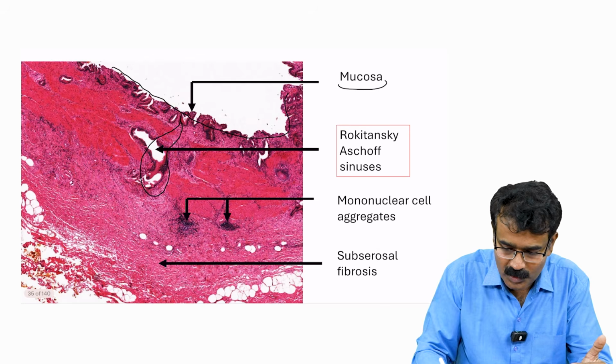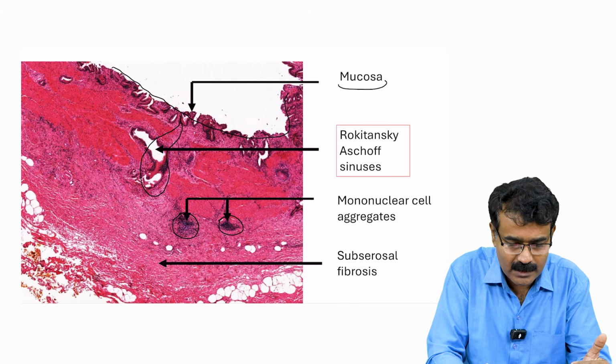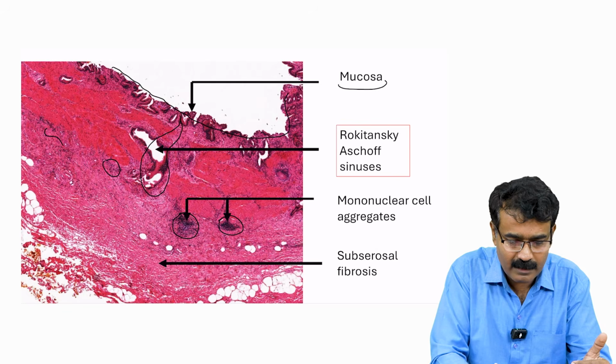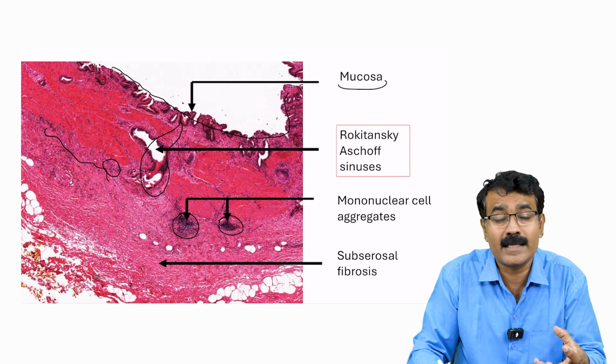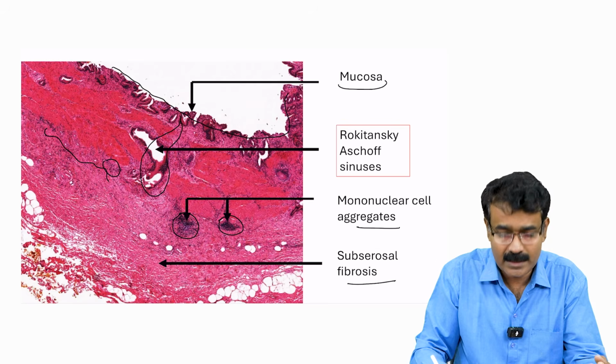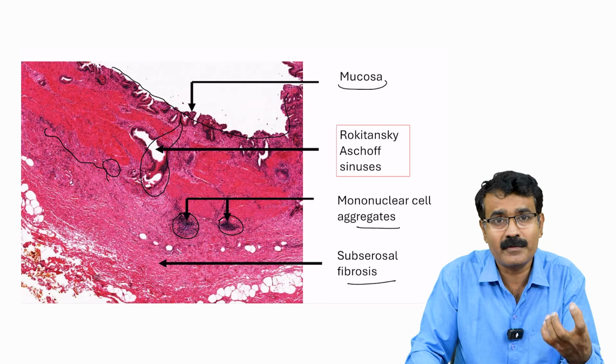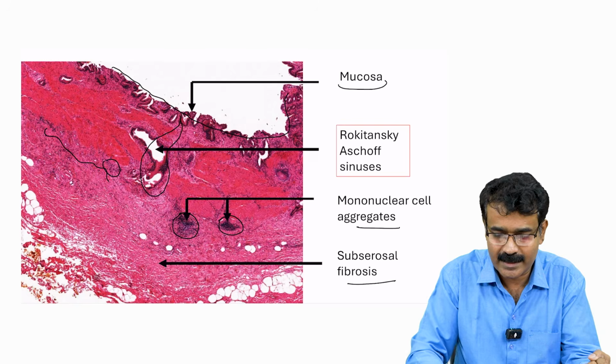So these are the mononuclear cell aggregates. All those blue collections, they are actually mononuclear inflammatory infiltrates, which are basically lymphocytes and plasma cells. You can also see subserosal fibrosis. Okay, that's the feature of chronic cholecystitis.